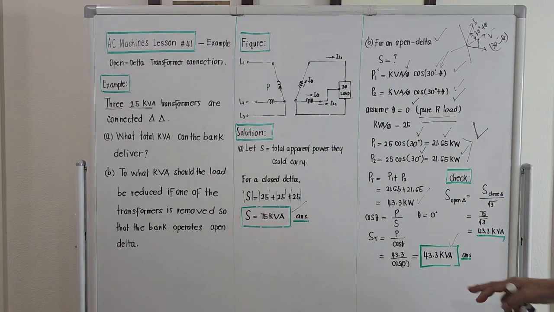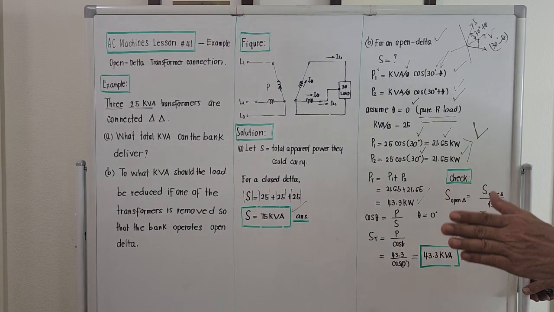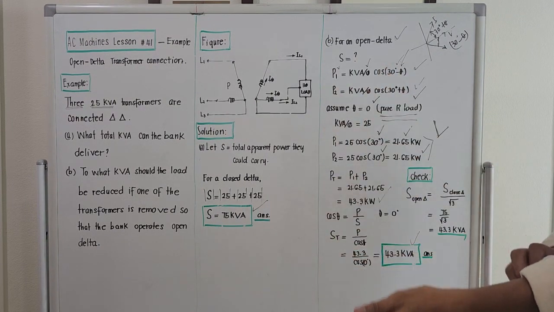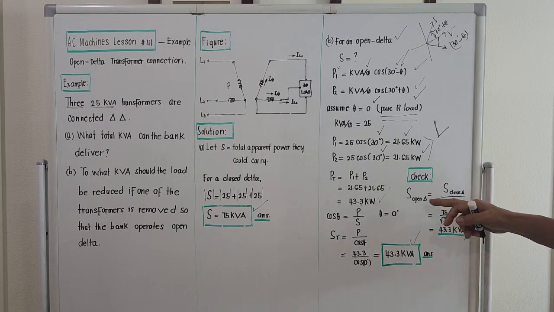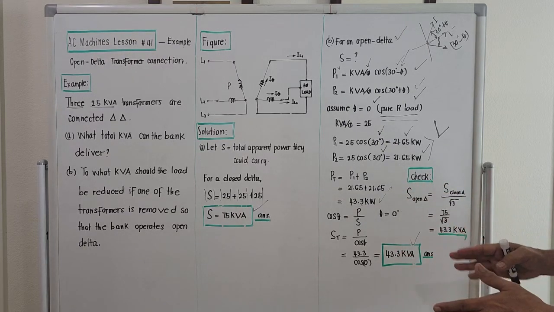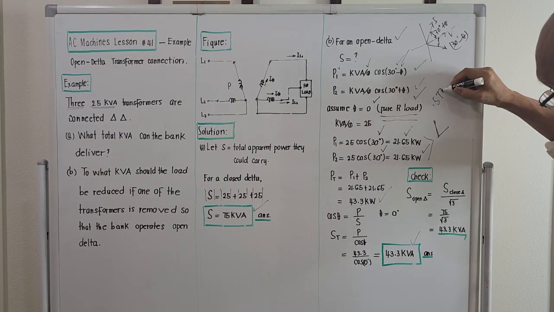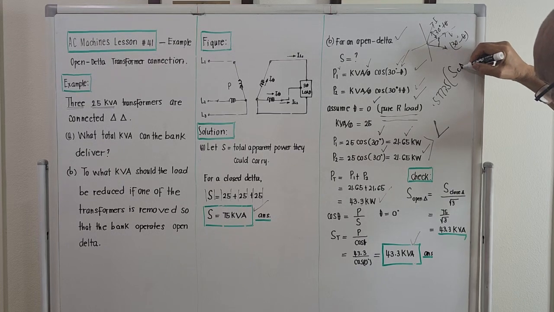Okay, let's try to check this 43.3 kVA. From the annotation on the concepts of open delta, like what I discussed, I think two lessons ago, I placed the relationship between the open delta apparent power and the closed delta apparent power. The relation is actually 57.75%, 0.57735 of the closed delta.